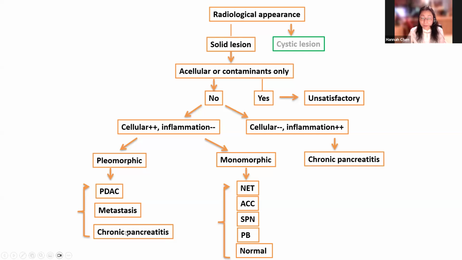This is well known in the cytology field: chronic pancreatitis can be falsely called positive for adenocarcinoma.